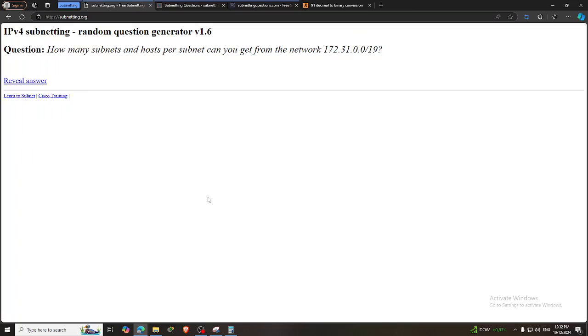In order to know how many subnets we can get from this, we should know how many bits we have borrowed. I think we have borrowed 3 bits because this is a class B address and it's a /16. If we borrowed 3, we will have a prefix length of 19.